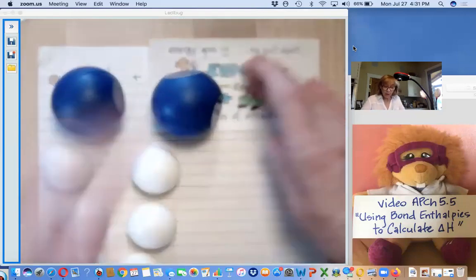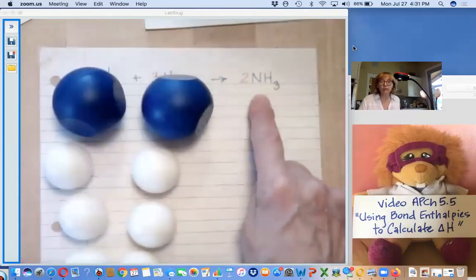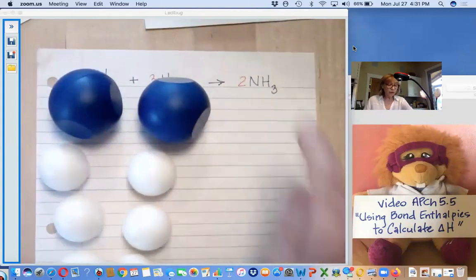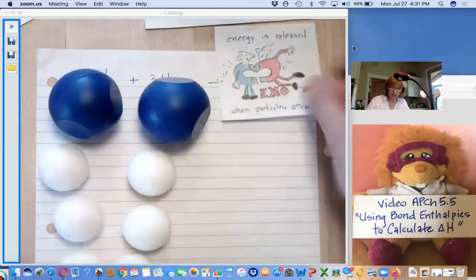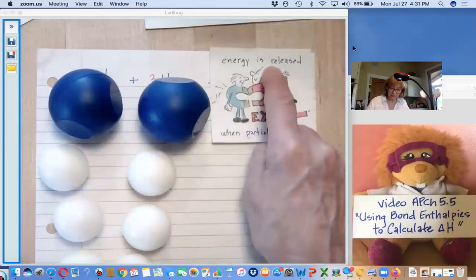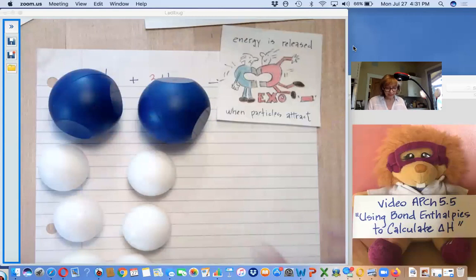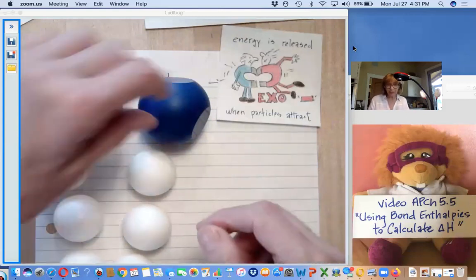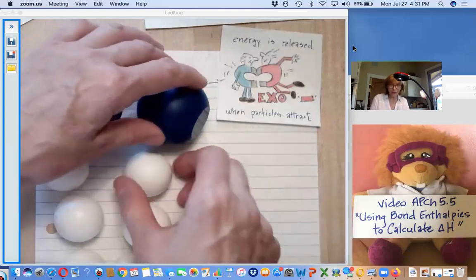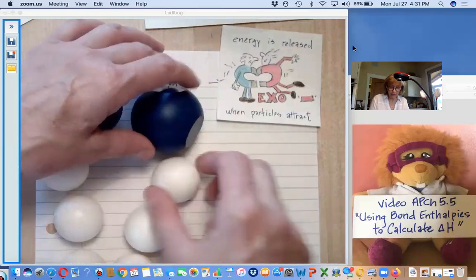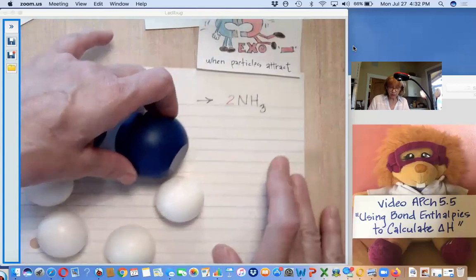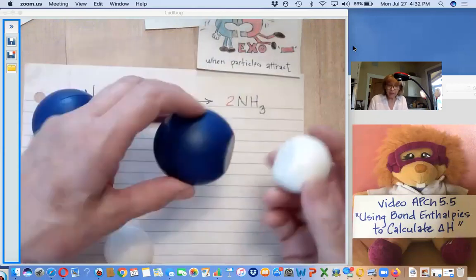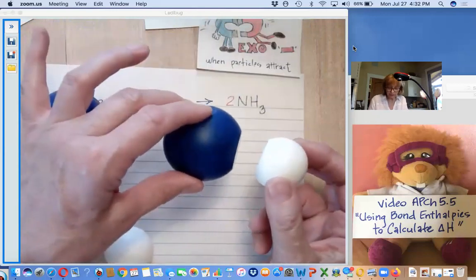Now, I want to make ammonia molecules. And whenever particles are allowed to attract to each other, energy is released. Okay, so I want you to listen carefully. There's a little bit of a time lag between the sound and the picture on my video here, but I'm going to construct ammonia molecules by allowing these particles to attract.